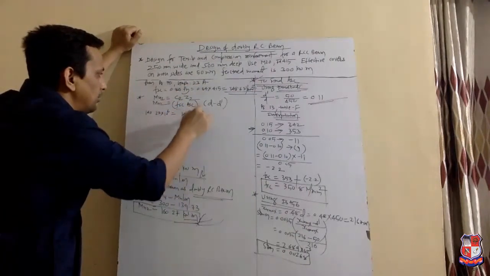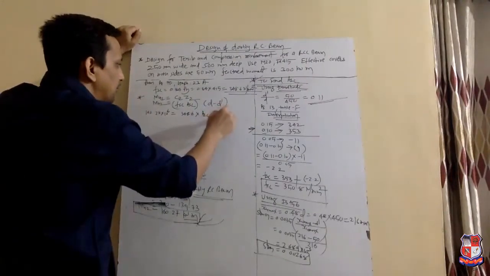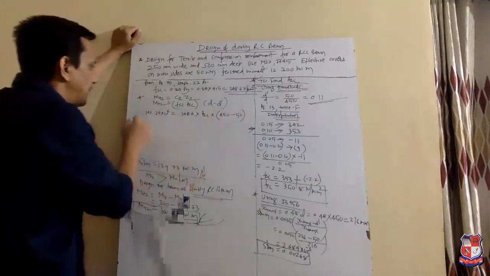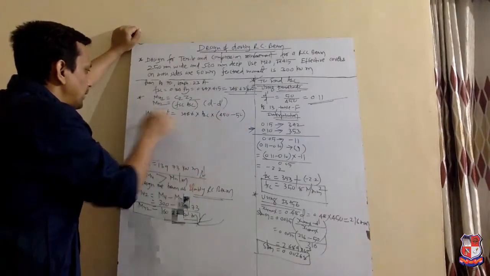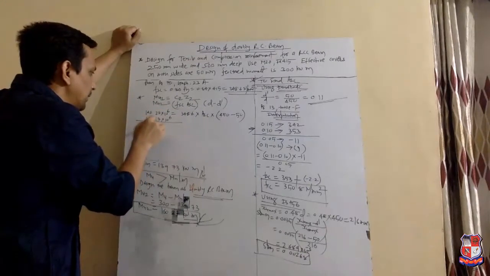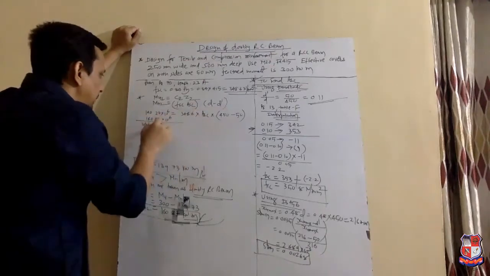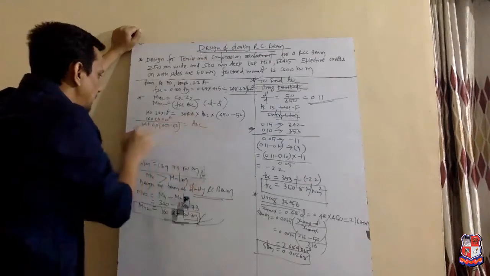FSC we have 348.6 into ASC. Small d we have 450 minus 50. That's why 160.27 into 10⁻⁶ upon 348.6, 450 minus 50 is equal to ASC.